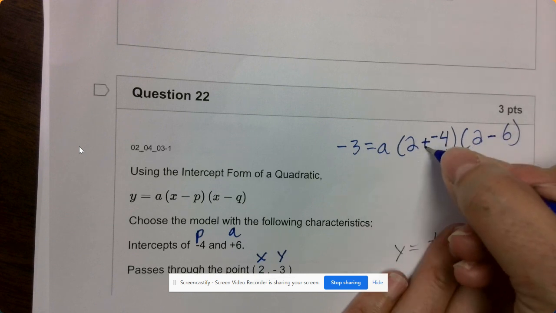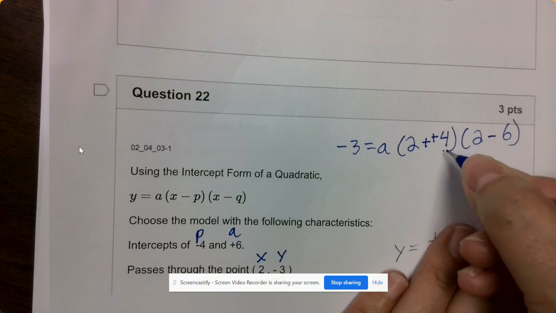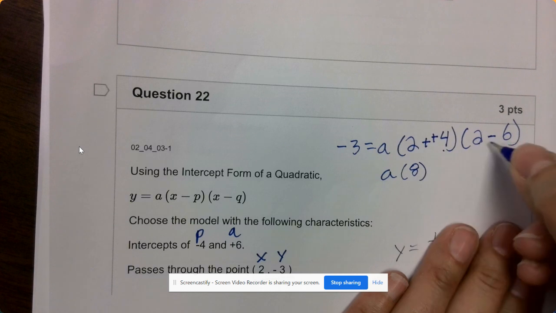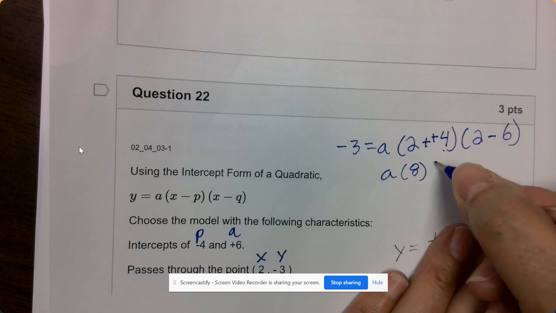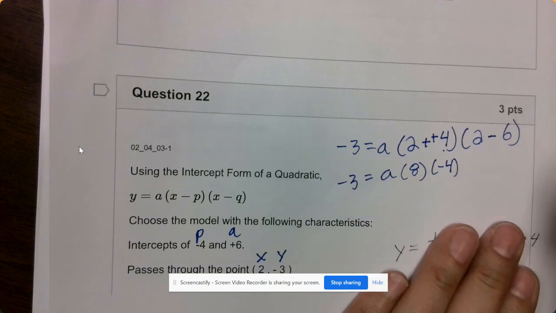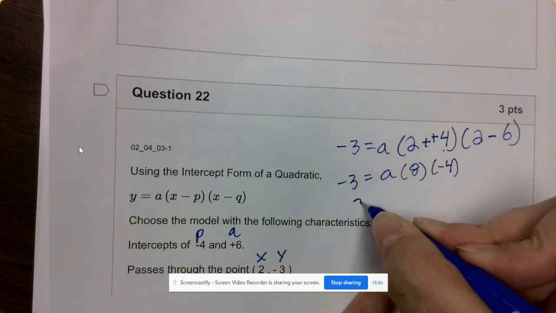So keep change right here. 2 times 4 is going to give us 8. 2 minus 6 is going to give us -4. So remember, we have to do PEMDAS, so we have to do parentheses first, everybody, and then we got -32.